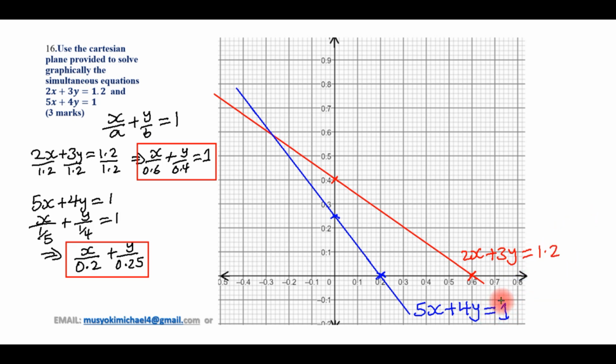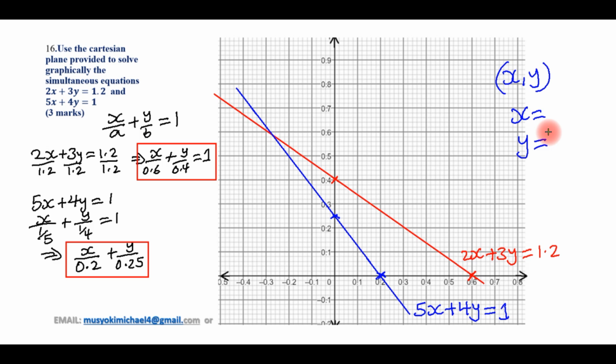So now I have plotted the two simultaneous equations, and we need to solve them. The point of intersection of these two lines, that is the solution. At that particular point where they intersect, that's where we get the values of x and also the value of y, and we would have solved it graphically.